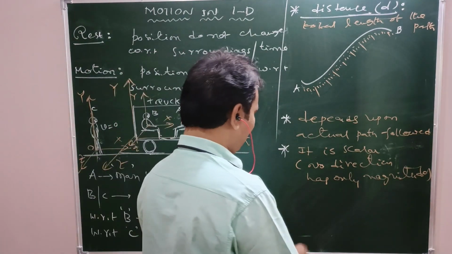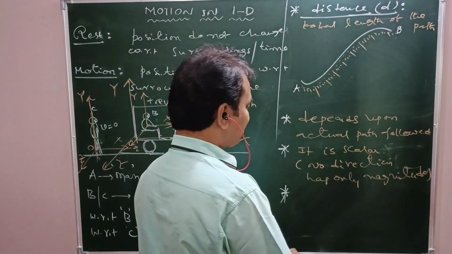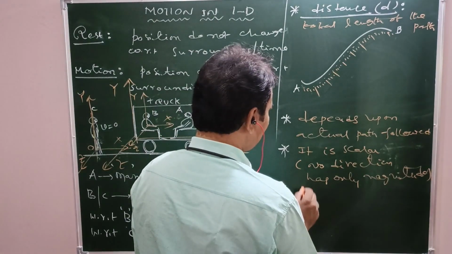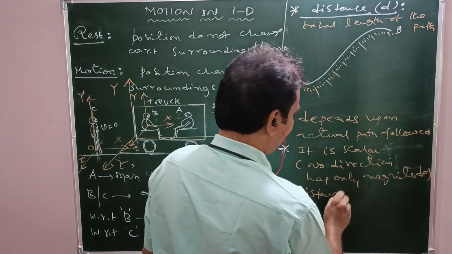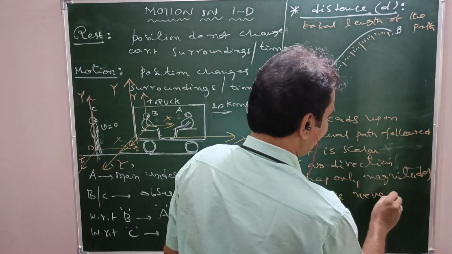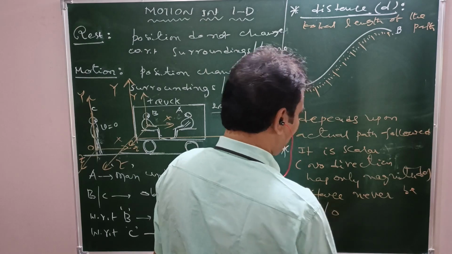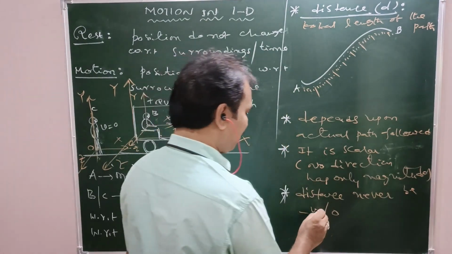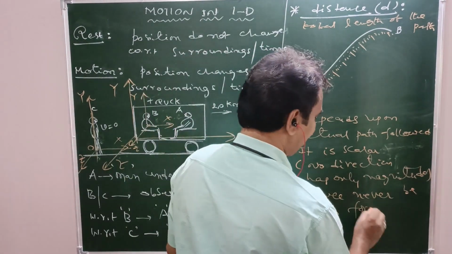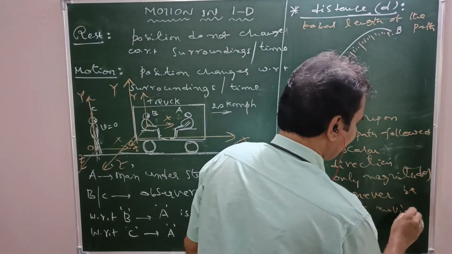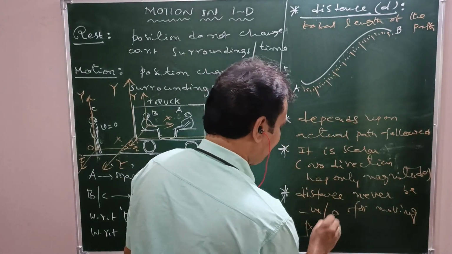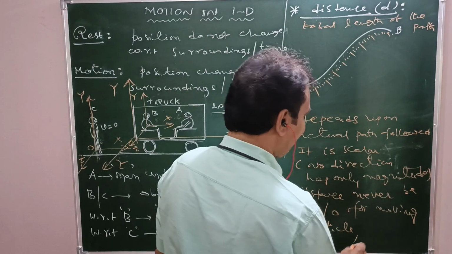Important point here also: distance is never negative or zero for a moving particle, but always positive.